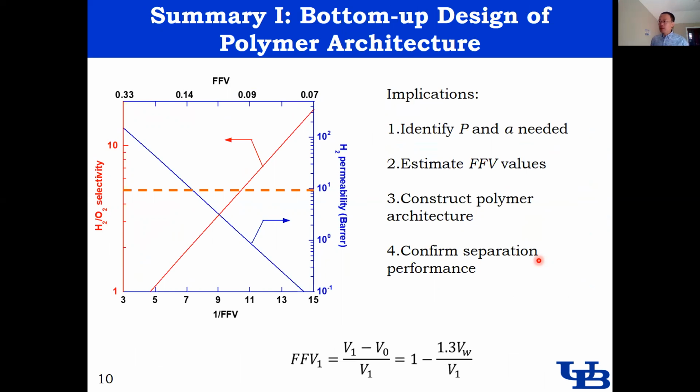Just to quickly summarize, what we are looking at here is one path along this bottom-up design, right? Once we identify the permeability and selectivity needed for membranes to be competitive with other separation technologies, we could estimate the fractional free volume needed. And then we could go back to this group contribution method where we treat each functional group as a Lego, and we could start to build this polymer structure to meet this requirement of fractional free volume.